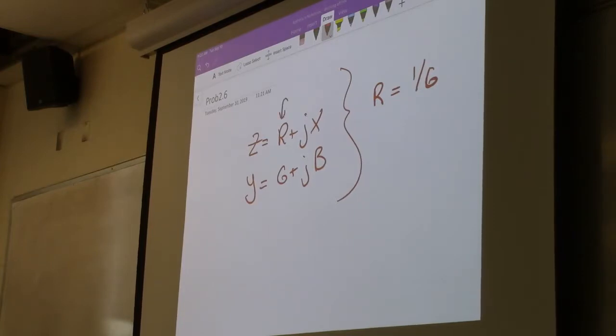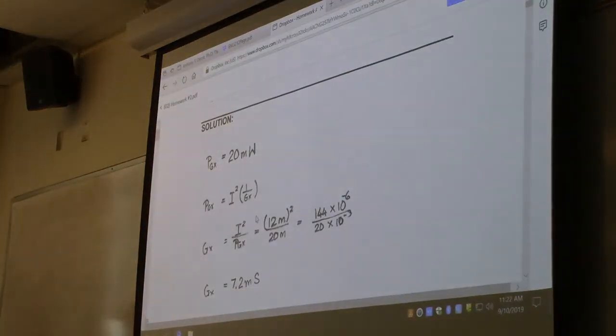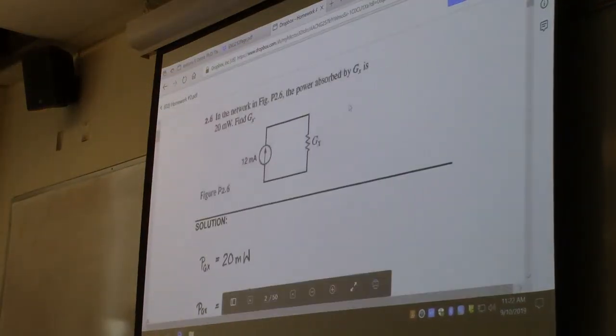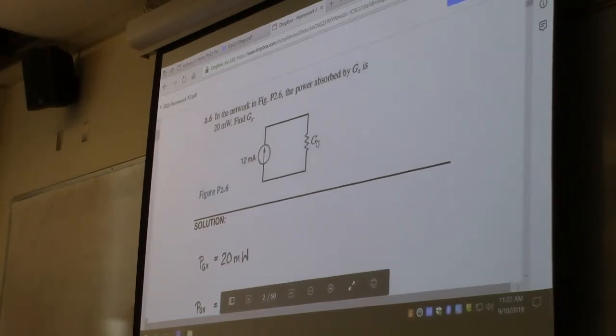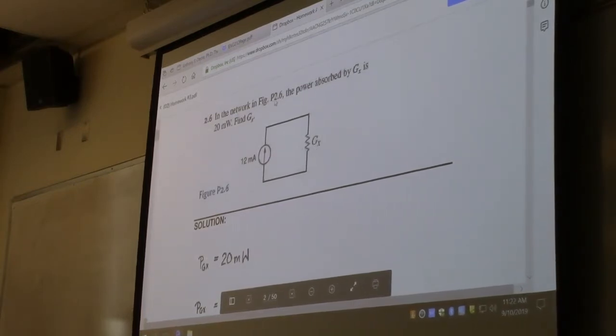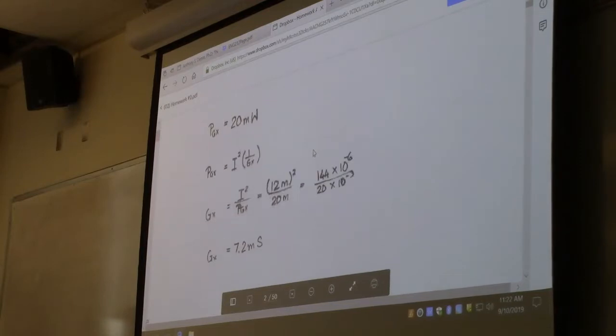This is resistance. This is admittance. So in this problem, all they've done is put it in terms of the admittance. I squared R is the same as I squared 1 over GX, because they're giving you a GX value, or they're defining it in terms of GX, and so that's what you're solving for.